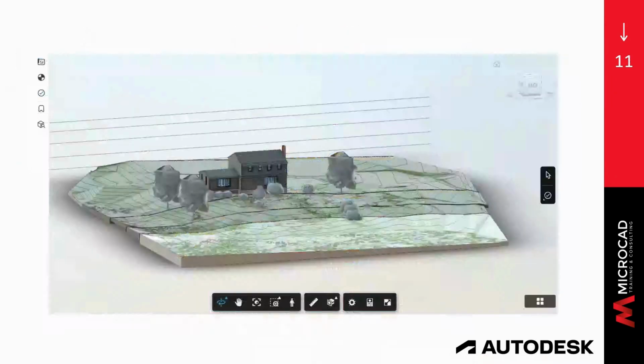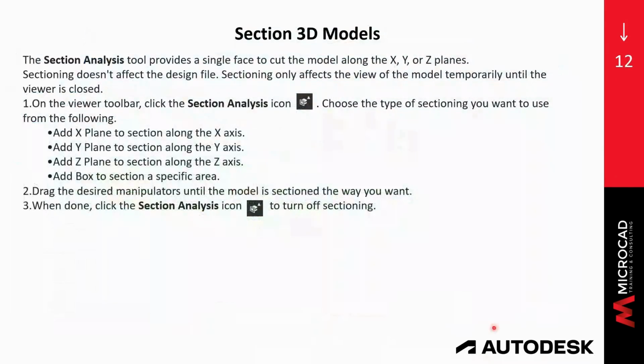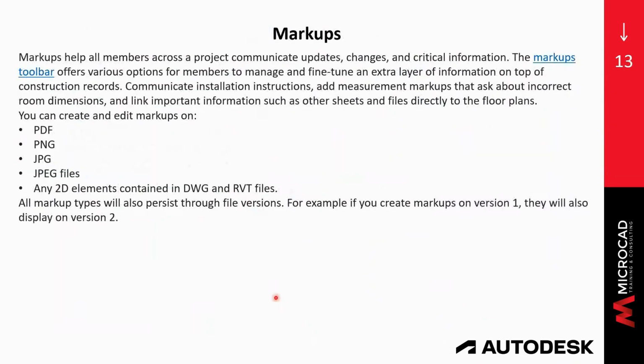So here I have a screenshot of what I just showed you live. And then, as I mentioned, you can section 3D models and investigate them further. Now, for PDFs, PNGs, JPEG files, and 2D elements that are contained in DWG files or RVT files, you can add markups.